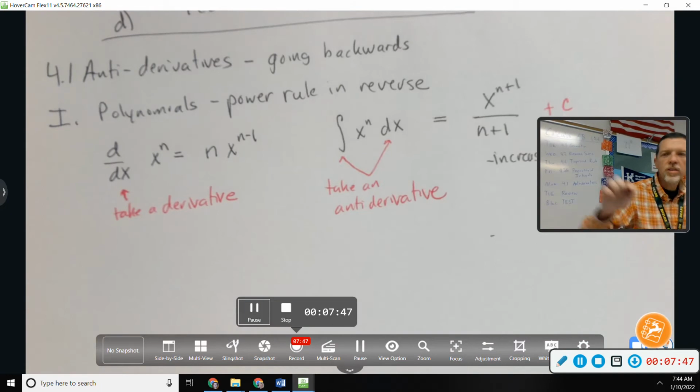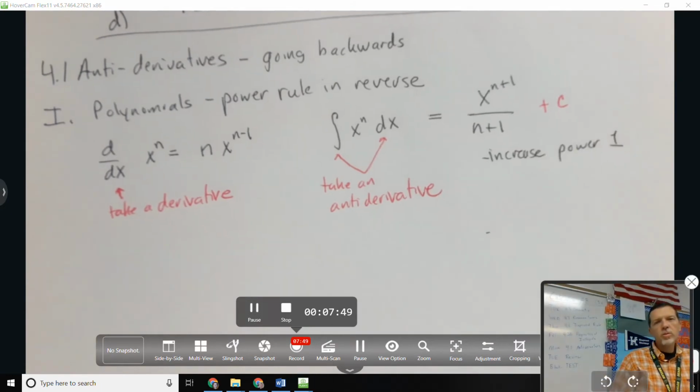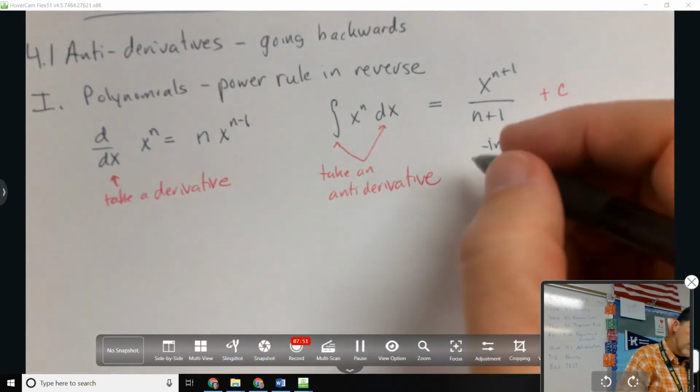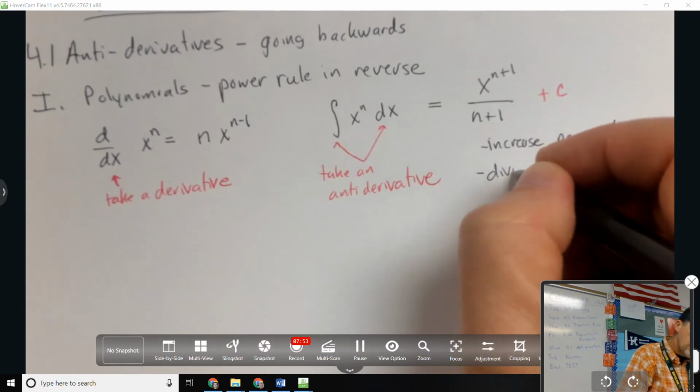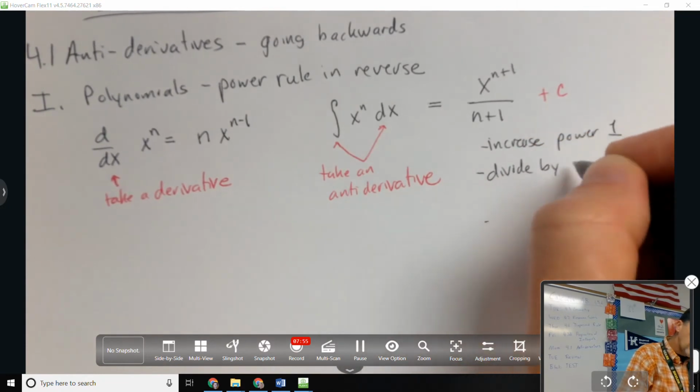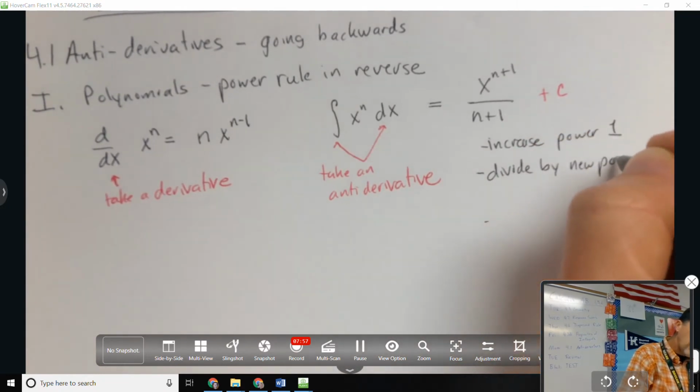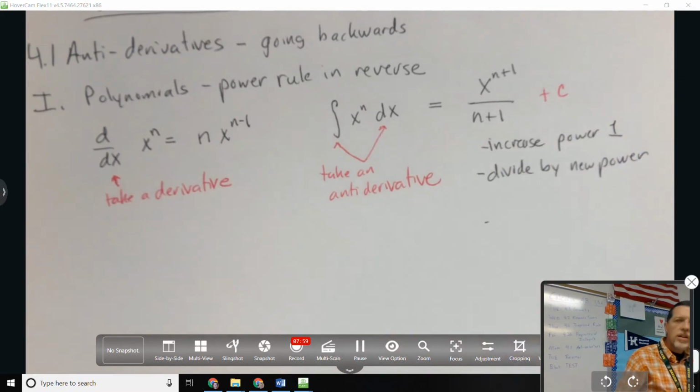So increase the power by 1. There's our rule kind of written out. Divide by the new power. Increase the power by 1 and divide by the new power.